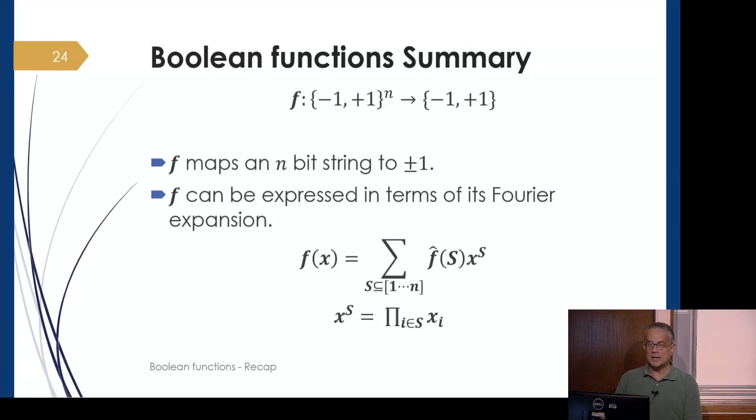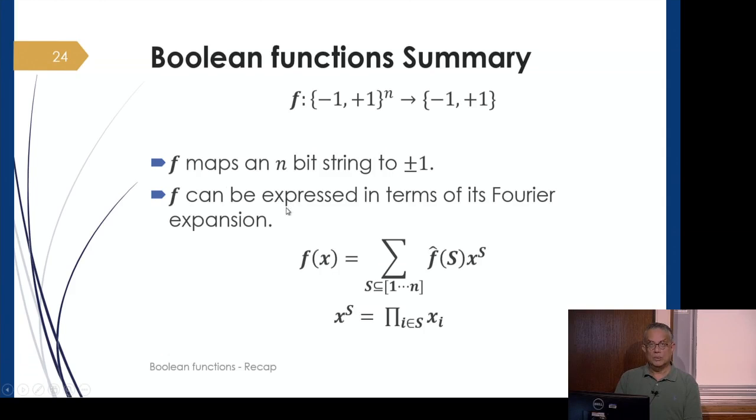Just a one-slide summary: a Boolean function f in our form takes n-tuples with elements in them of -1 and +1 and maps them into a single value of either -1 or +1. We already gave justification for this.